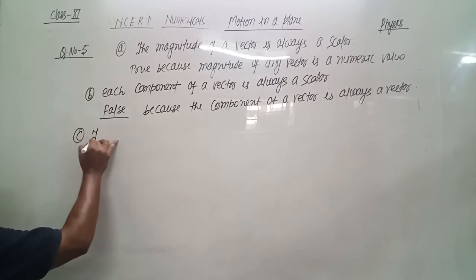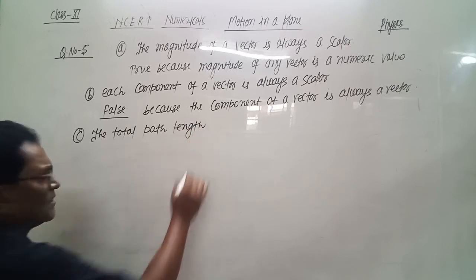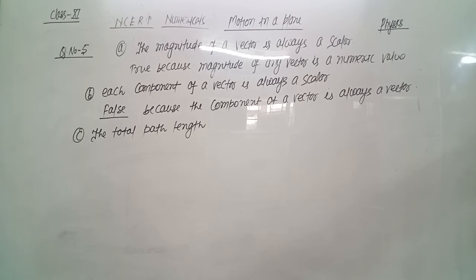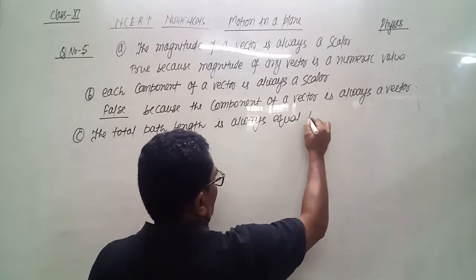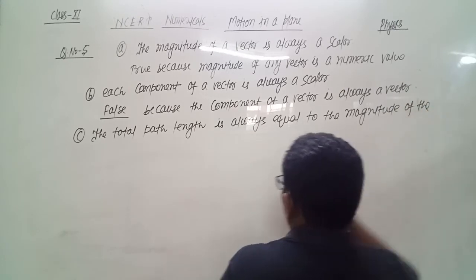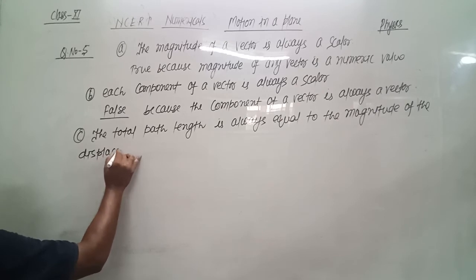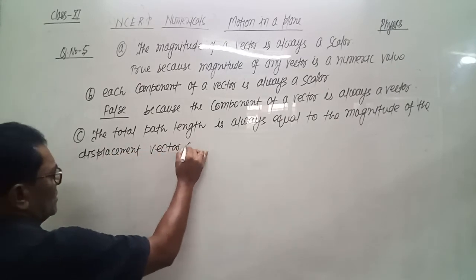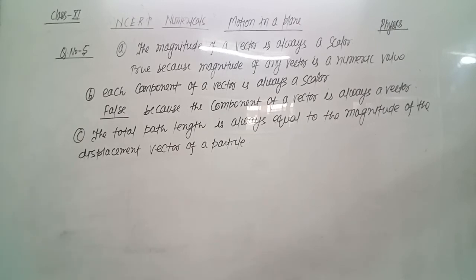Statement C: the total path length is always equal to the magnitude of the displacement vector of a particle. So this statement is also false.